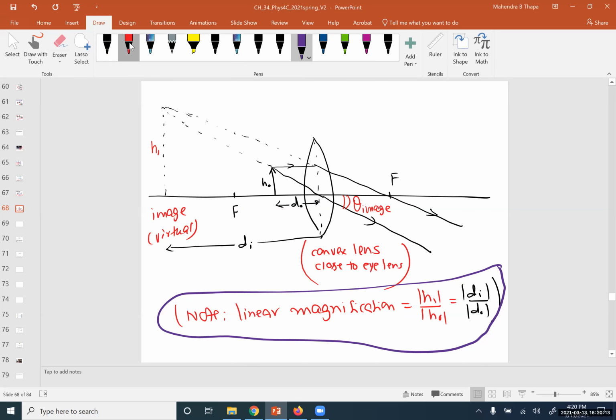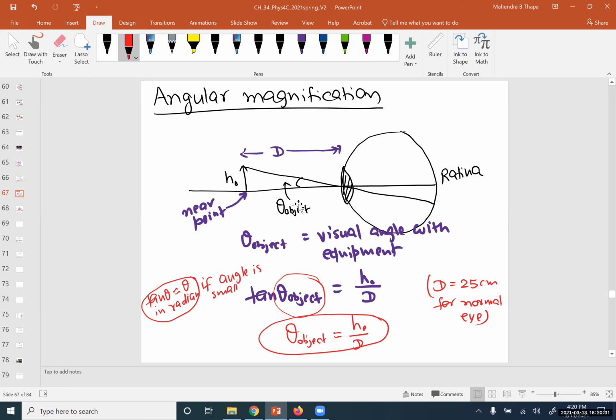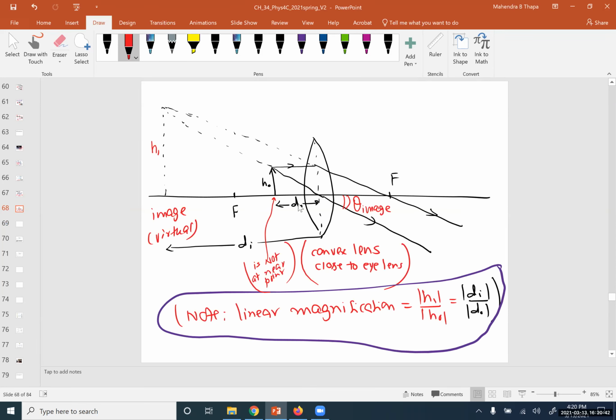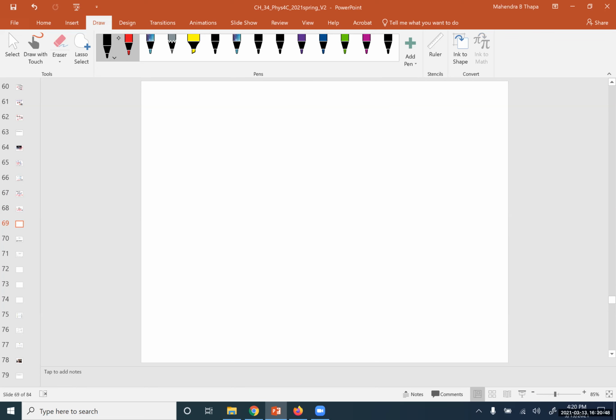So again, be careful that this is not at the near point. We define this ratio, we define the ratio here for this magnification, called angular magnification.